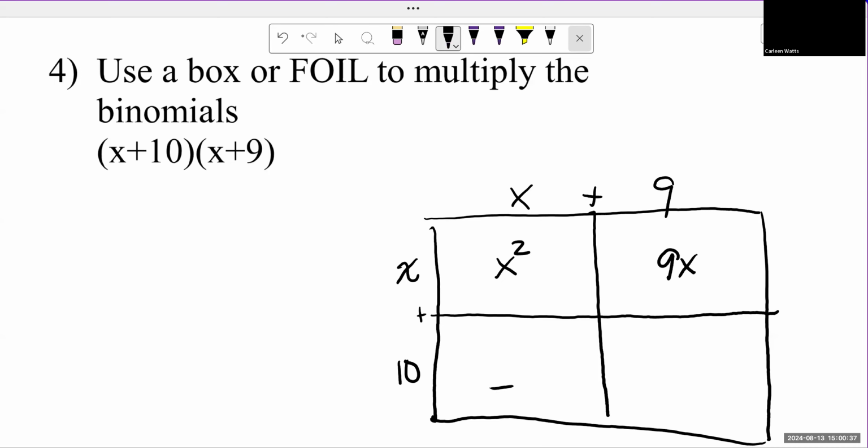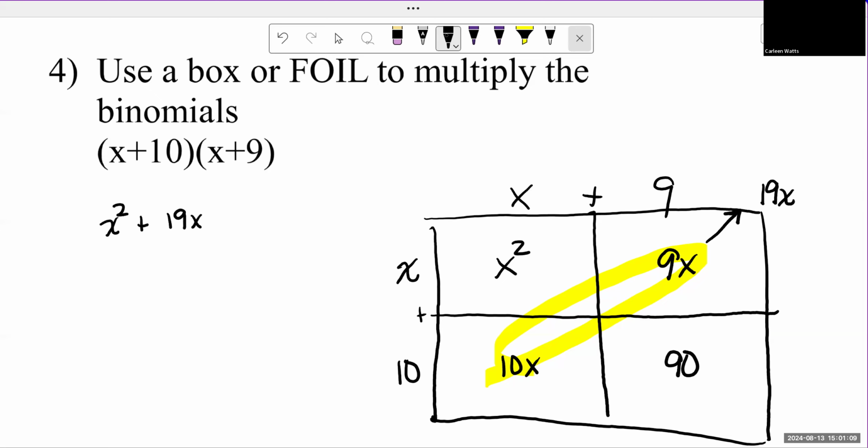This box is 10x. And our final box is 10 times 9 is 90. So step 1 was multiply. Step 2, combine like terms. So 10x plus 9x. Notice when I add, I'm not changing the exponent. So I get x squared plus 19x plus 90.